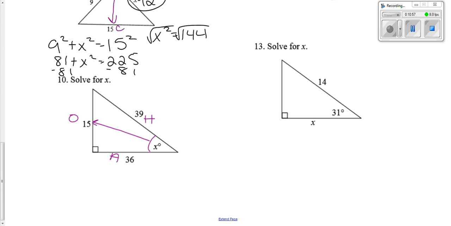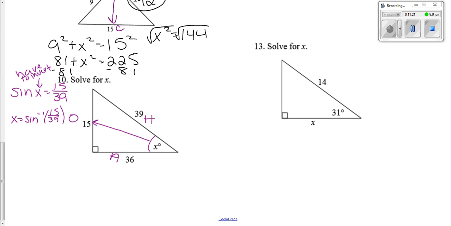You only need one. So for sine, I want to find the sine of x. That would be 15 over 39. Since I'm looking for an angle, I have to use the inverse. So this would be x equals the sine inverse of 15 over 39.